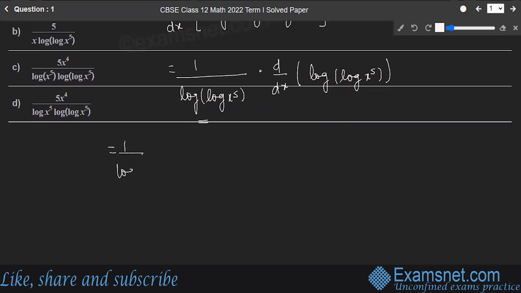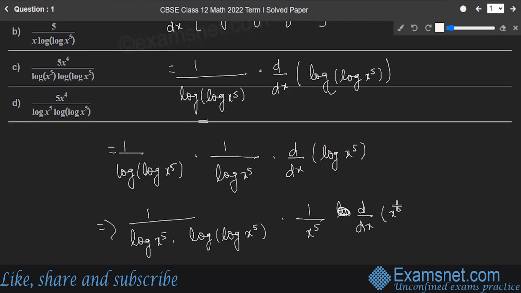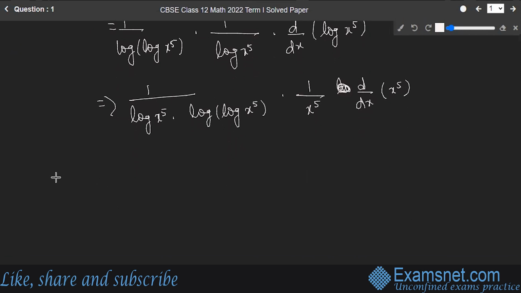This will be equal to 1 upon log of log x raised to power 5, multiplied by the derivative of log x raised to power 5, which gives 1 upon x raised to power 5 into the derivative of x raised to power 5.